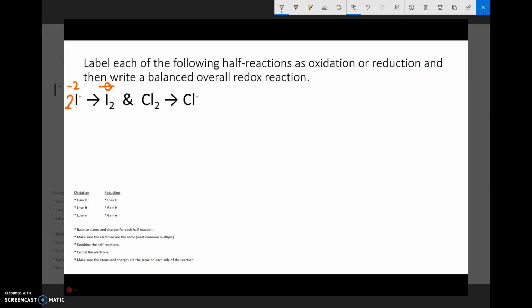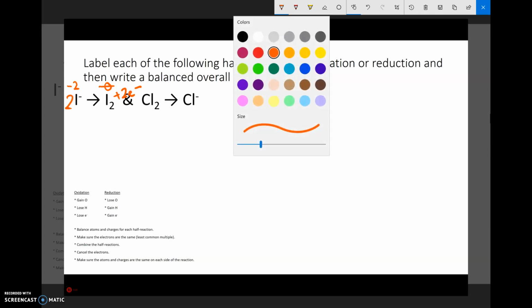There's no charge. So remember, we're going to add electrons to the side that is the most positive, and we add however many electrons we need to get to the same charge as the other side. So in this case, 0 is more positive than a -2. So we're going to add 2 electrons. So now -2 and a -2, those are equal as far as their charges go.